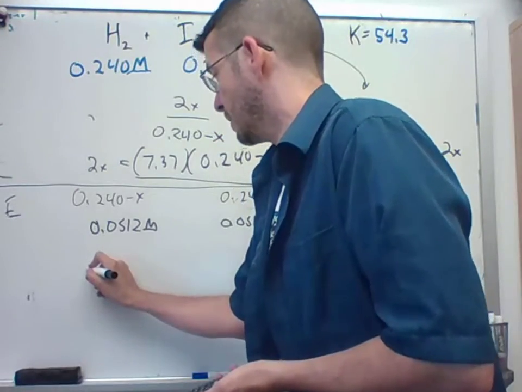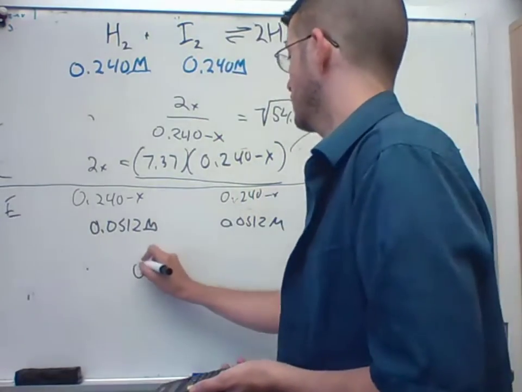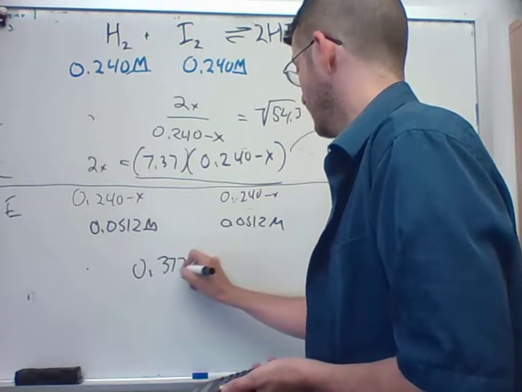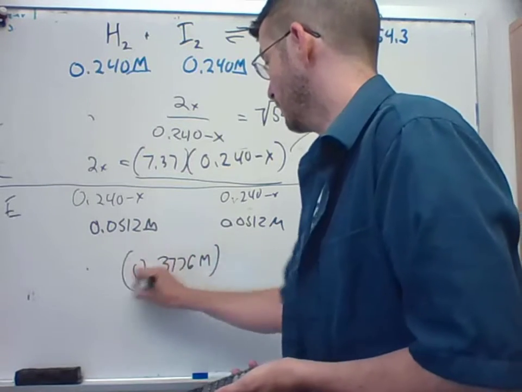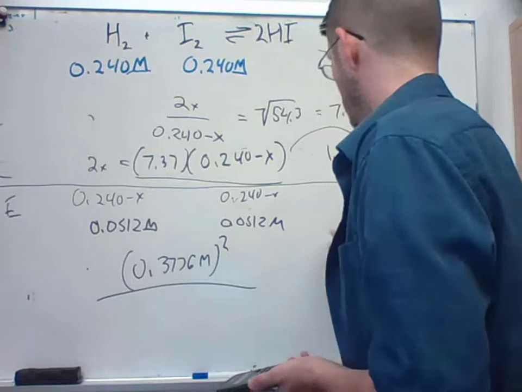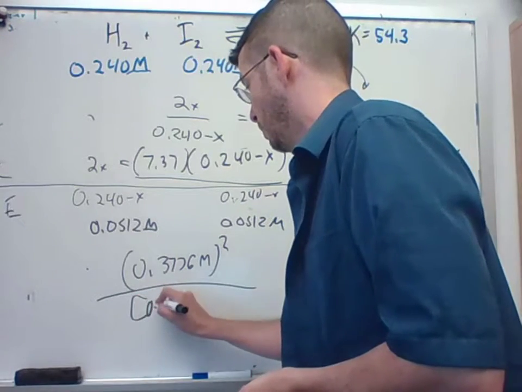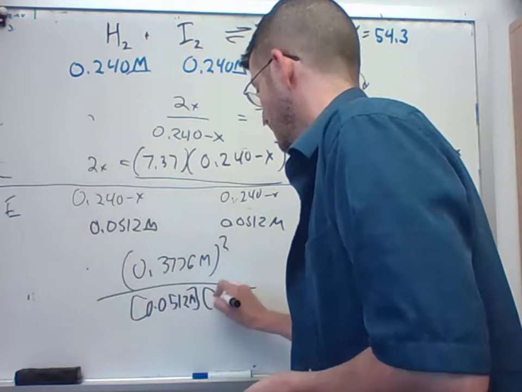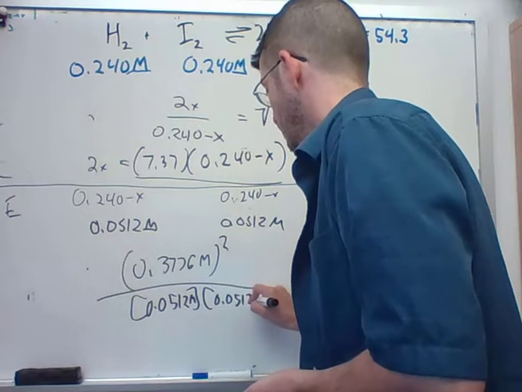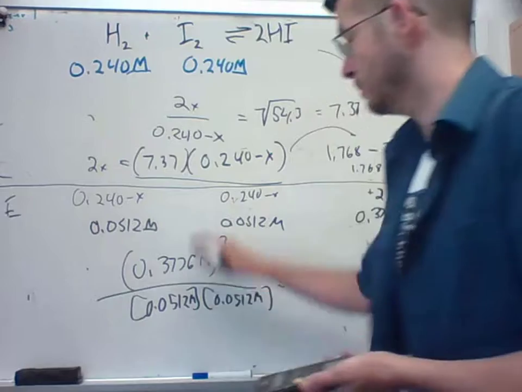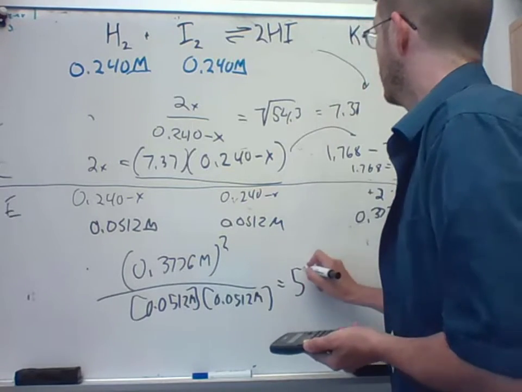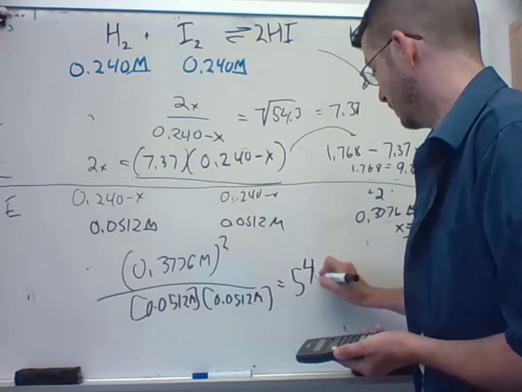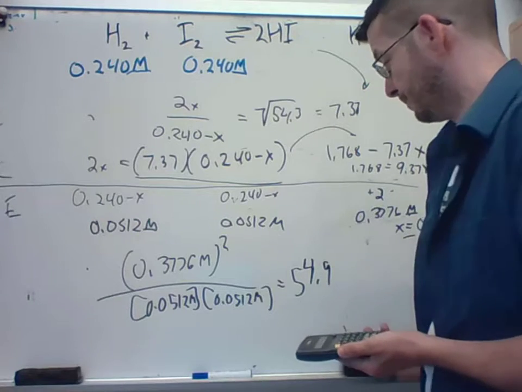So HI concentration, 0.3776 molar squared divided by 0.0512 molar times 0.0512 molar will equal, you do the math, and you get 54.9.